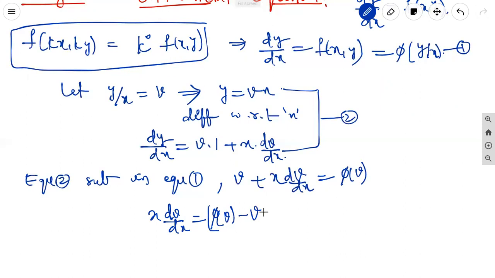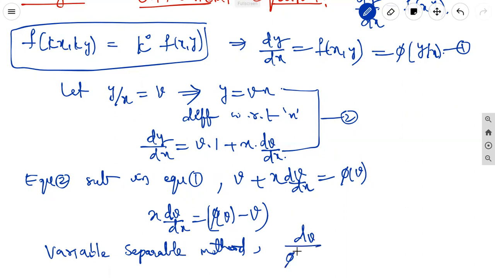Now we can use the variable separable method. Then we can separate the variables, that is dv by phi of v minus v equal to dx by x.